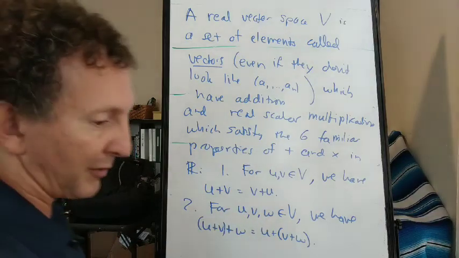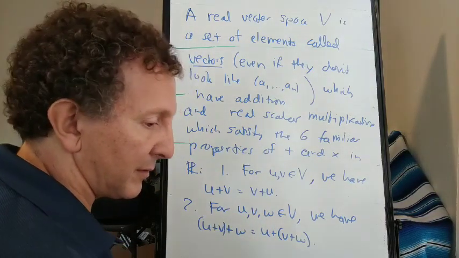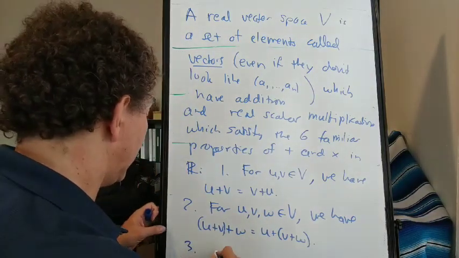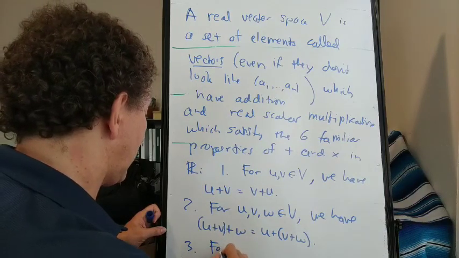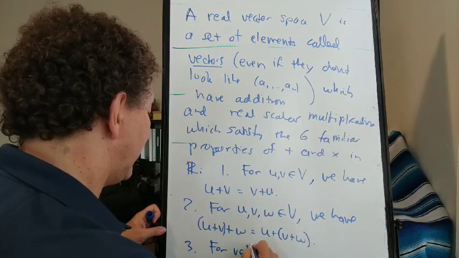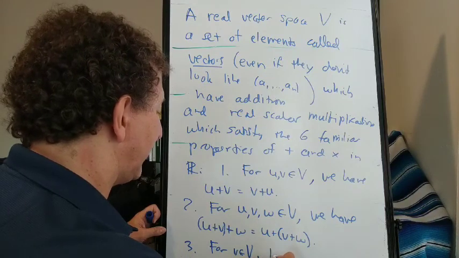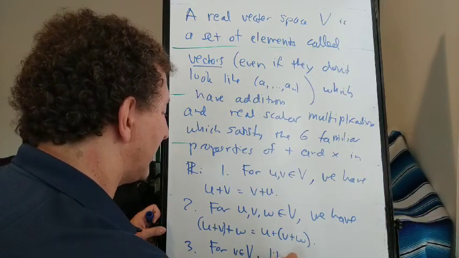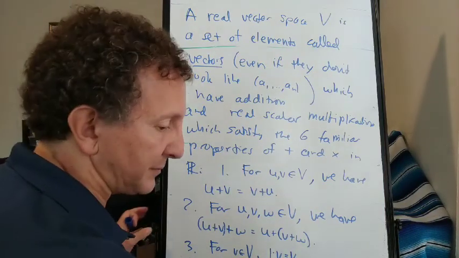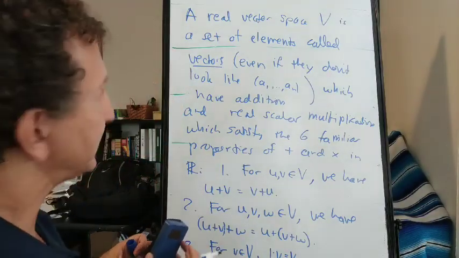So we really don't need parentheses. Third, for every vector, the scalar multiplication by 1 does nothing. So 1 times v is v.